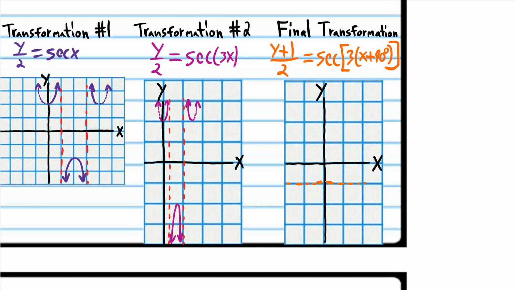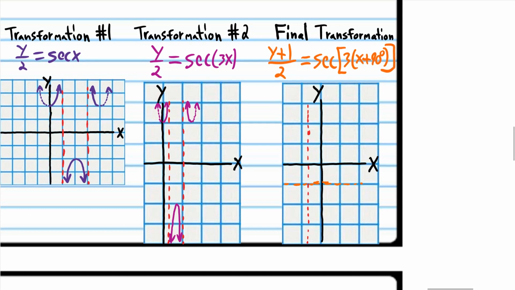The first asymptote is at x equals 30 degrees, so if you move it over, it'll be at negative 60 degrees. And the other asymptote, if you move it 90, it'll go right on top of the y-axis. And we're moving down 1 unit, so the bottom part is going to be all the way down there.